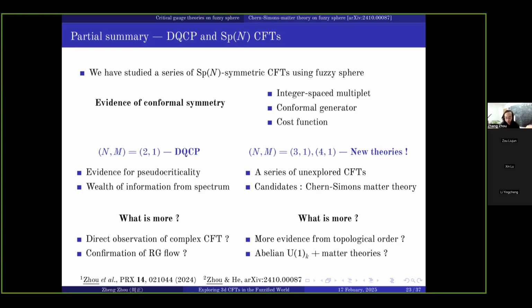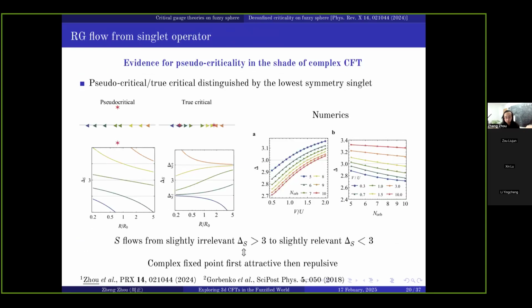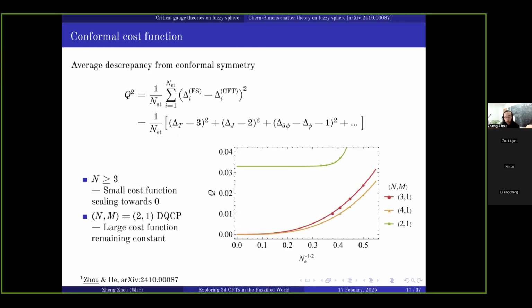I have another question about the cost function. In the definition of the cost function, you have many terms. But how many? I guess NST means the number of terms you keep. Yes. In practice, what we keep is all the operators that have scaling dimension lower than 3.